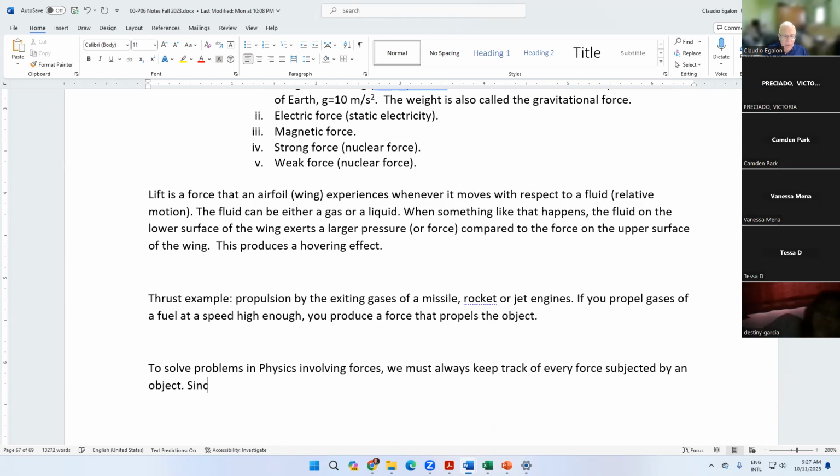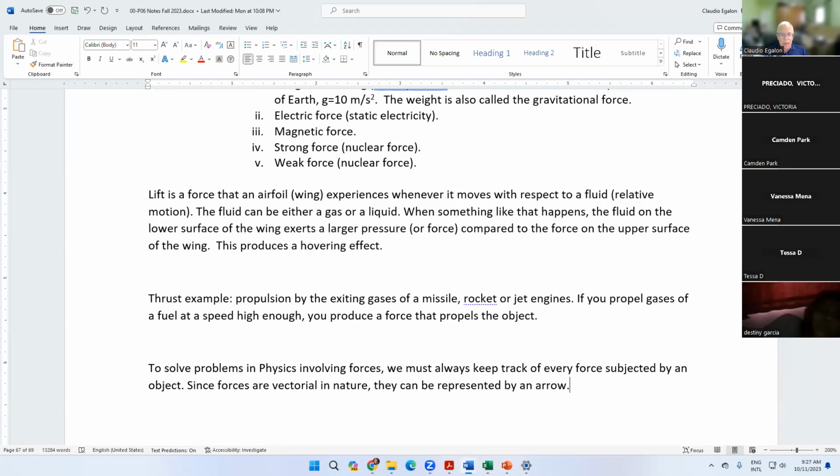Since forces are vectorial in nature, they can be represented by an arrow.